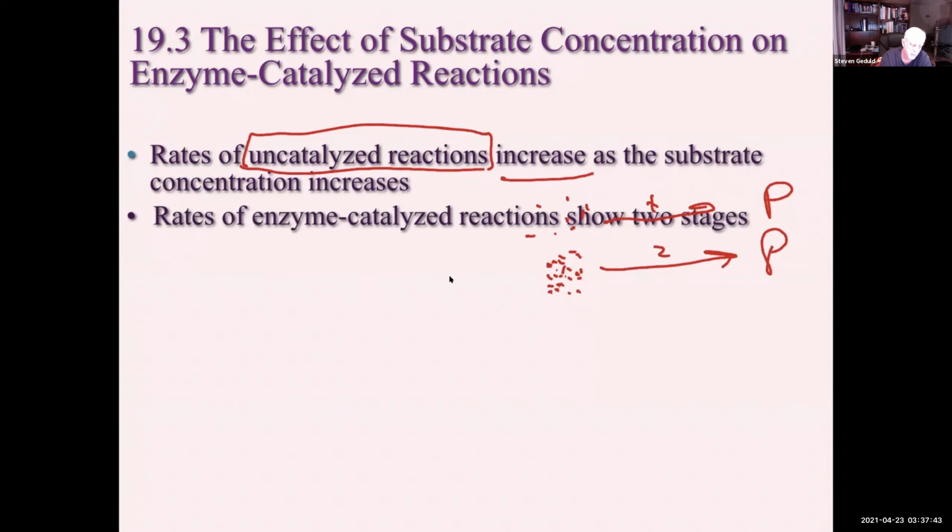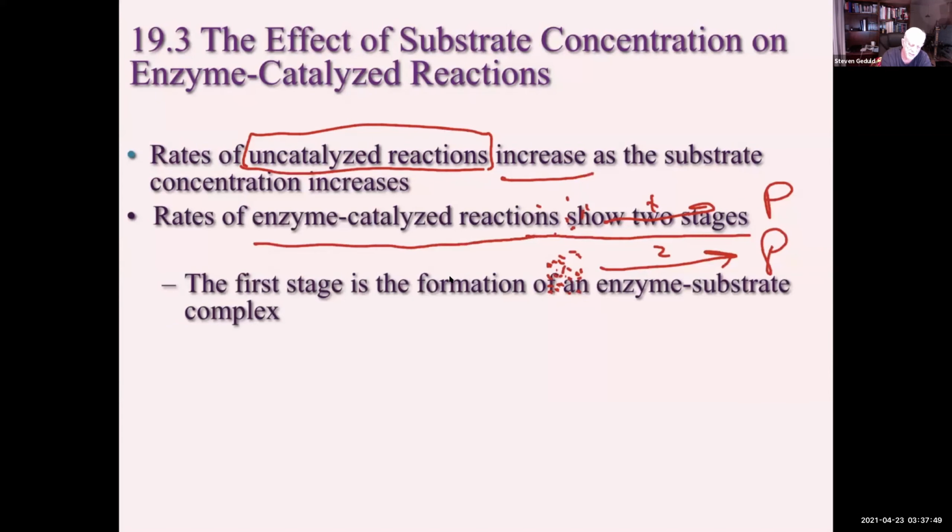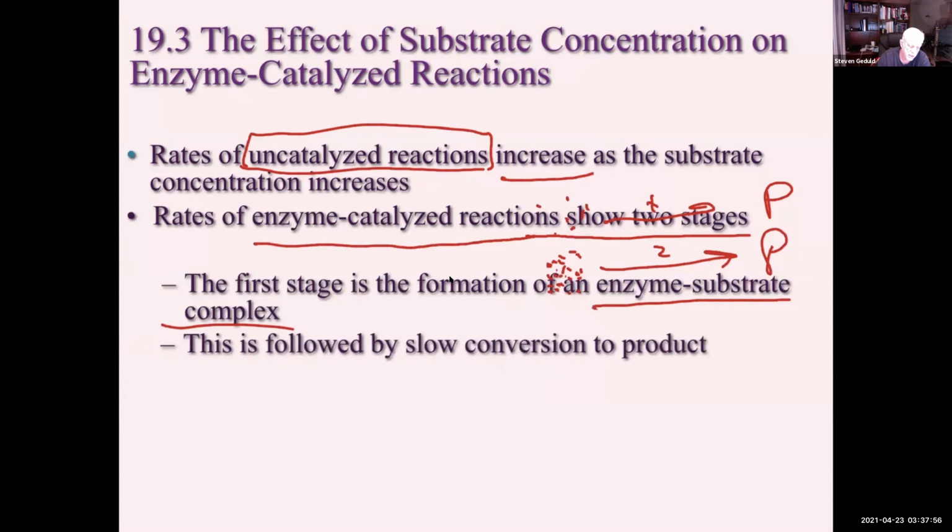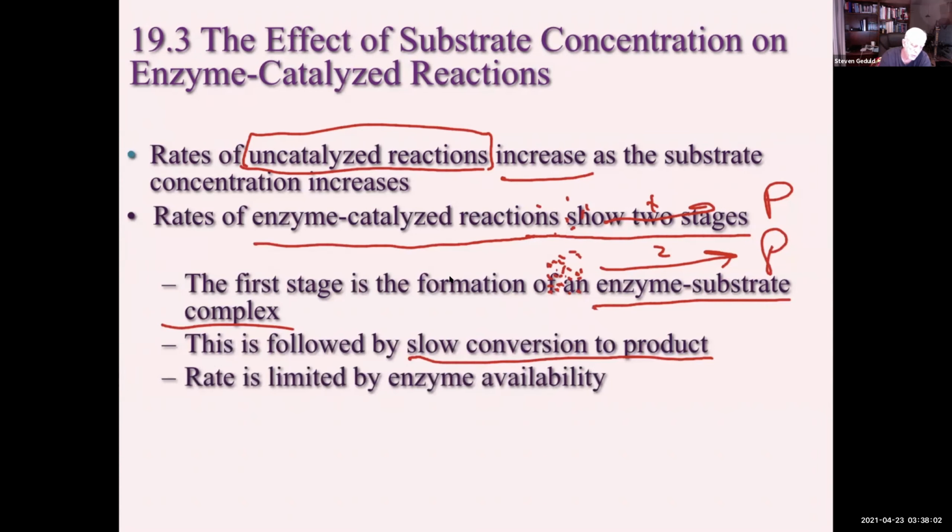Okay? So the rate of an enzyme catalytic reaction shows 2 stages. Okay? The first stage is the formation of an enzyme substrate complex. Okay? The enzyme binds to the substrate. Then it's followed by the conversion to the product. So the rate is limited by the enzyme availability.